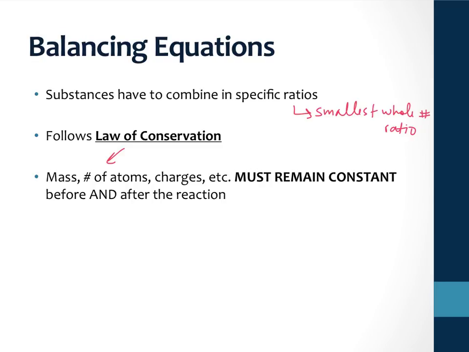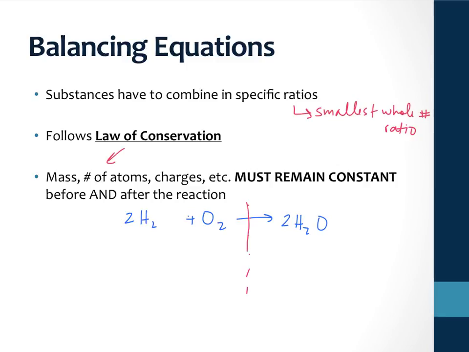What do I mean by this? So, let's go back to our classic example right here. So 2 H2s plus 1 O2 yields 2 H2Os. So the number of atoms here have to remain the same on both sides of the equation.